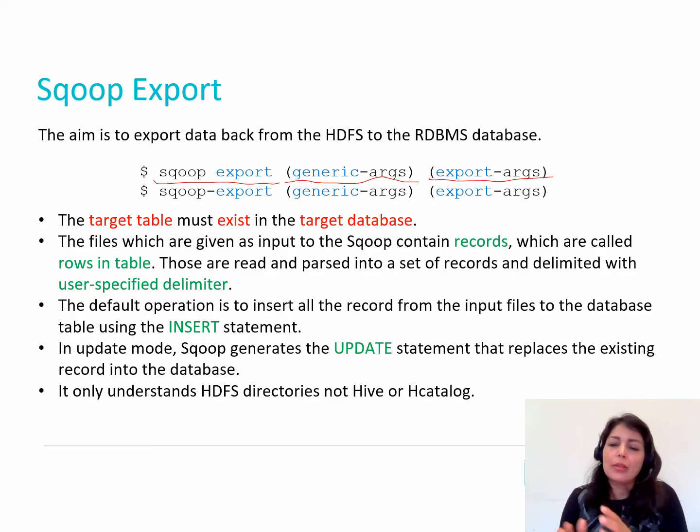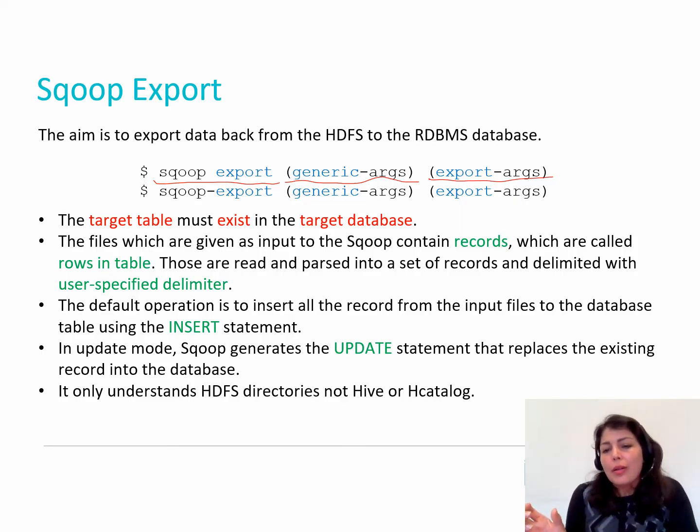Another thing is that, as I explained before, when you have an HDFS file, you will have records, and on the other side you will have rows. Now you want to have these records as rows in a table.